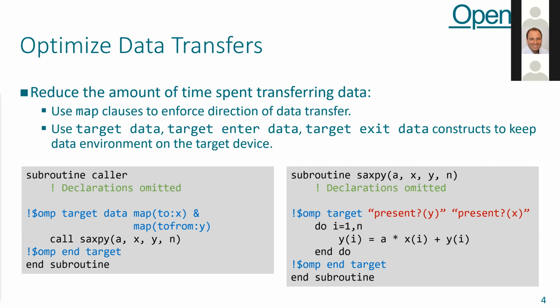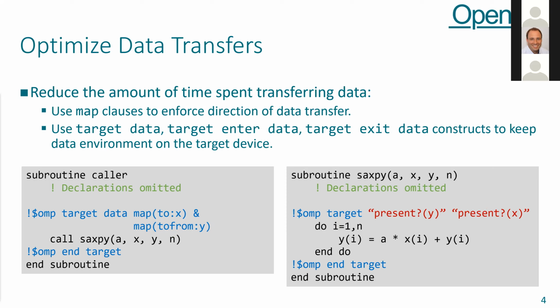It's obviously not just a presence check. Well, technically it is, because when you do a from, OpenMP will have to allocate a temporary array for that thing. And the funny thing is, if you have a map to from here and you would add a map from here, that map from will not have an effect, because the presence check will say that data item has been mapped before.